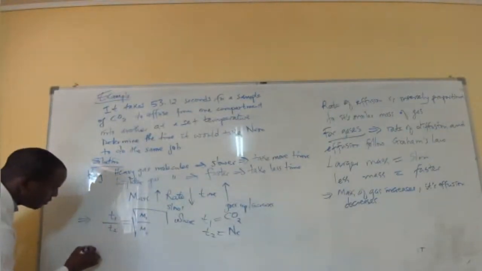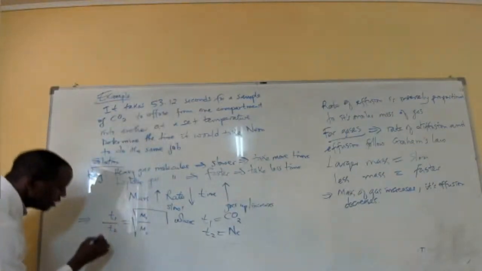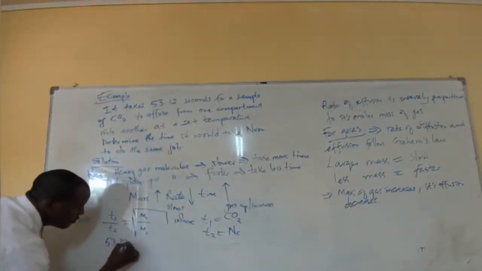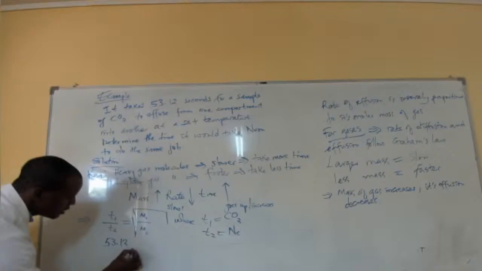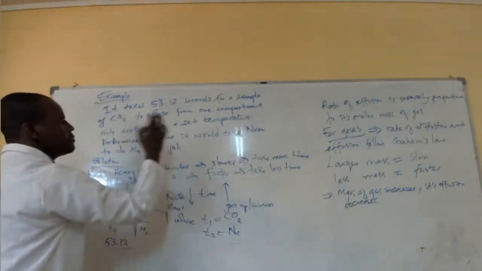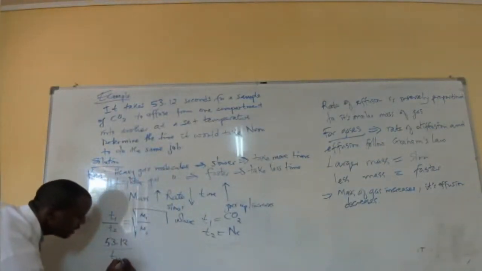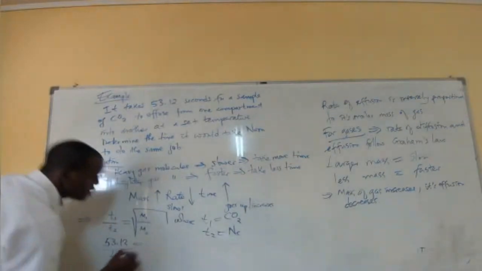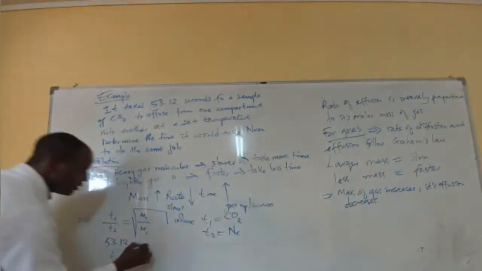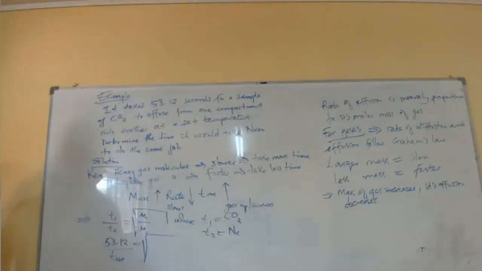So T1 is for carbon dioxide, which is given. So we can say 53.12 seconds divided by the time for neon, which we are looking for here. Determine the time it would take for neon. So time for neon is not yet known. That will be equal to the square root of the mass of carbon dioxide.